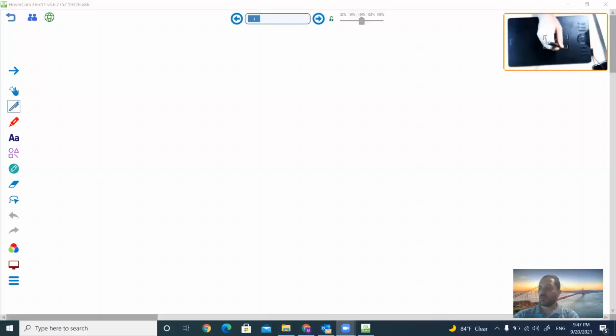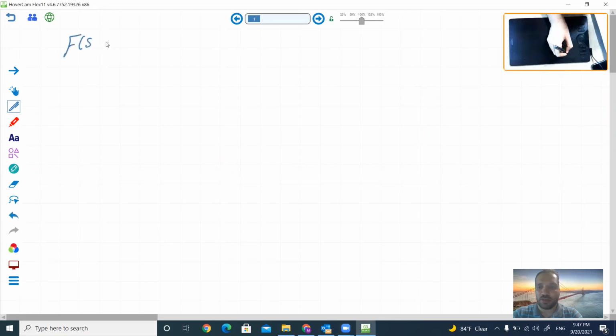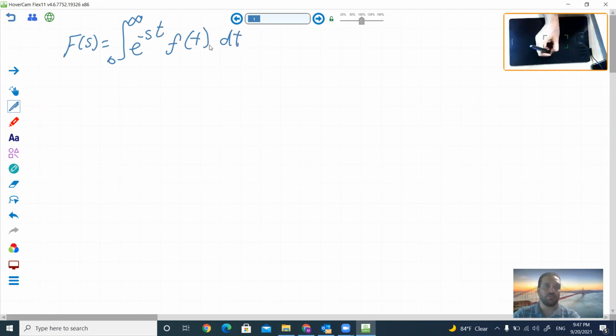So let's start with the definition of Laplace transform. Starting with the definition, we will find that F of s equals the integration from 0 to infinity of the exponential function e to the power minus st times f of t dt.